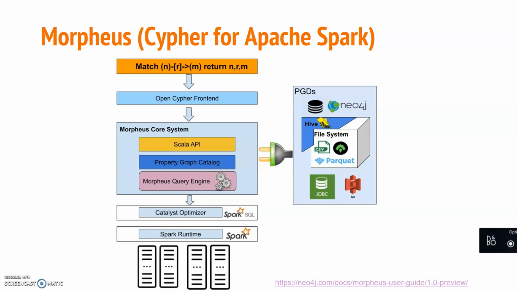This system aims to incorporate the benefits of the Cypher graph query language from the graph database domain into the world of distributed Spark data flow processing. Specifically, it is built on top of Spark SQL and can be integrated into Spark analytics programs.